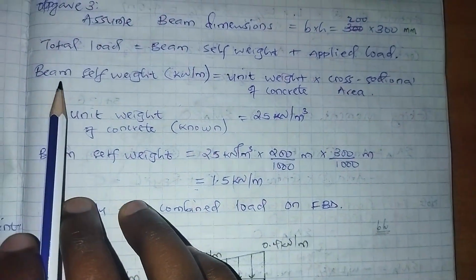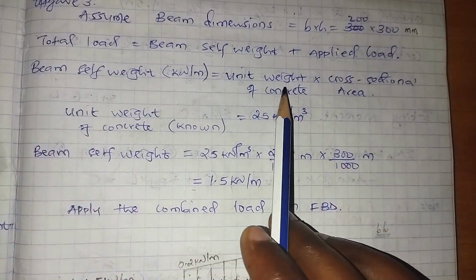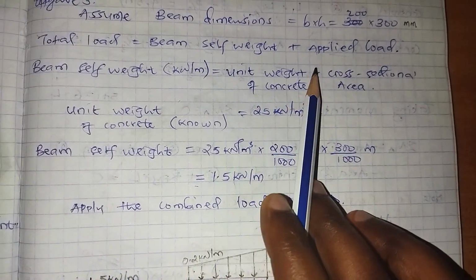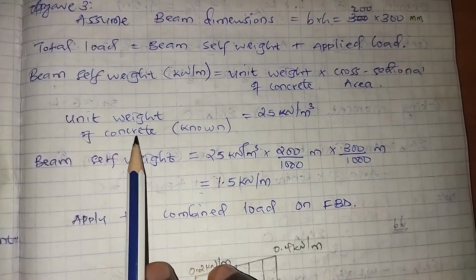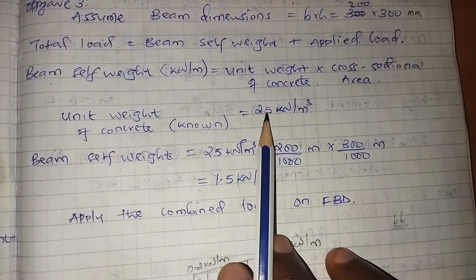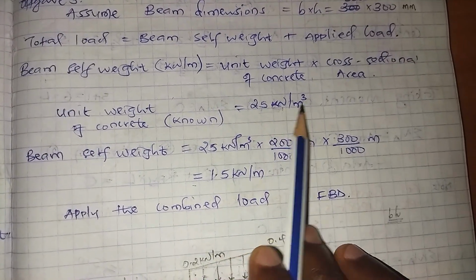So how do you calculate the self weight of the beam? The self weight is equal to the unit weight of concrete times the cross section area. The unit weight of concrete is a known value, which is 25 kilonewton per meter cubed.